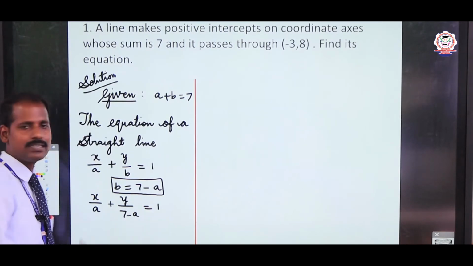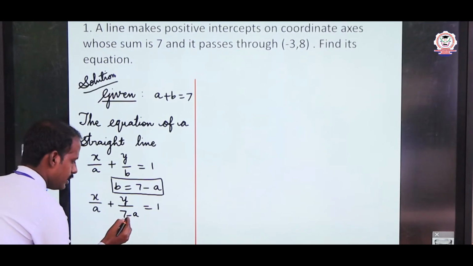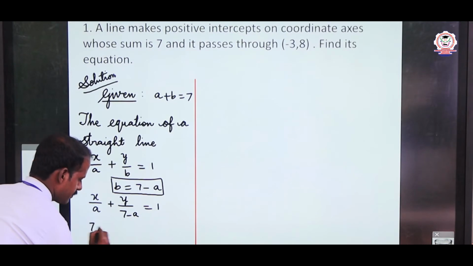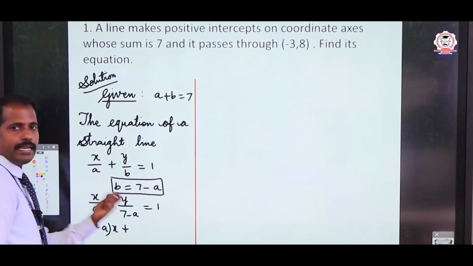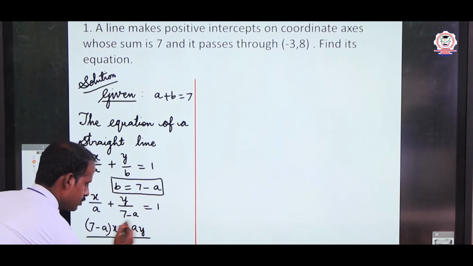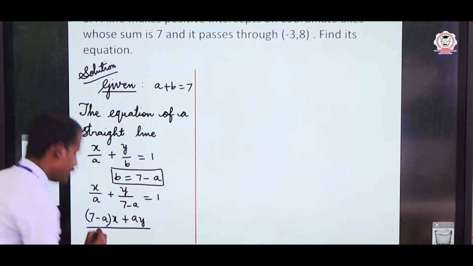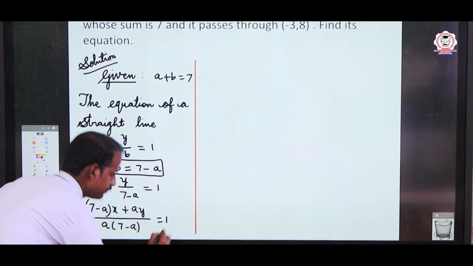Now the denominators are different, so we cross multiply. Okay. So 7 minus a into x plus a into y, ay, divided by the product of the denominators, a into 7 minus a, is equal to 1.